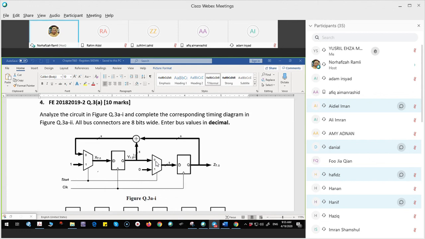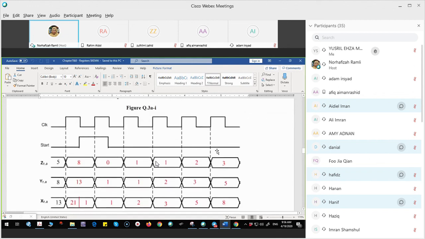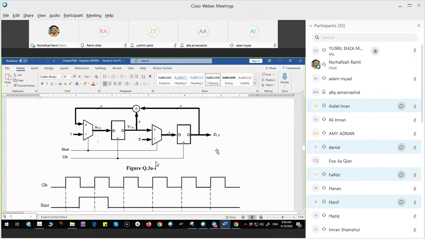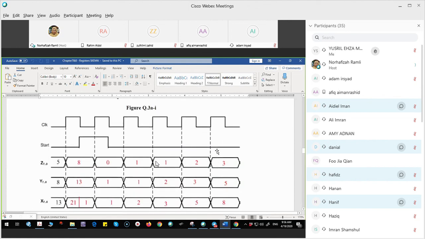You want to add. What do you add? You add from Y, add with Z, and then you feed back. So which comes first? This is the issue. The timing. So I think timing you have to explore yourself.